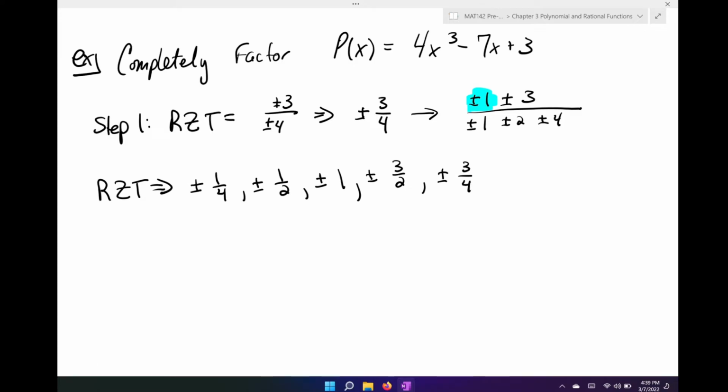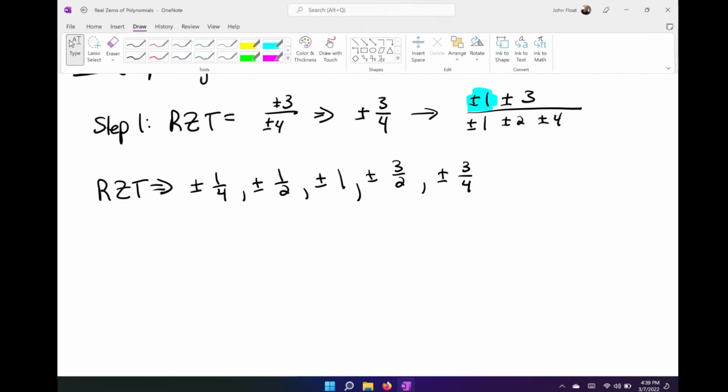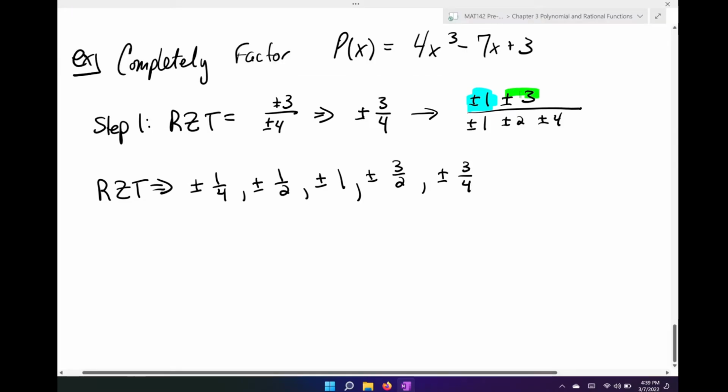All right, we'll just change color. Now, here's plus or minus 3. Oh, I forgot one. I'm so glad I'm doing this, because we have 3 over 1, plus or minus. Might as well write that in while I'm sitting here.